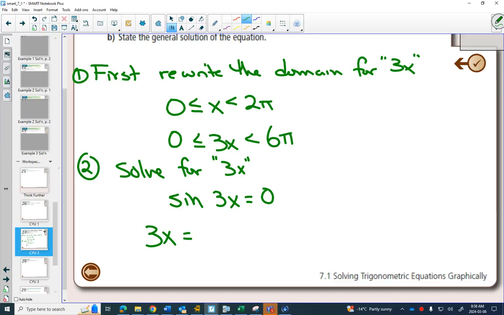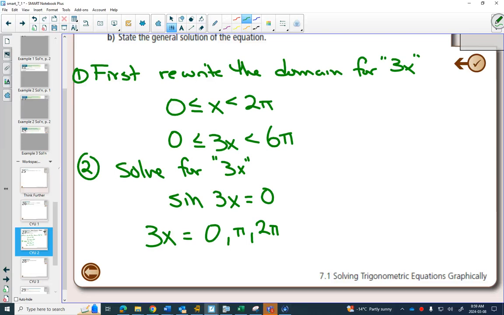Now sine is your y-coordinate, right? So you would write 0 and pi and 2 pi. If it was just sine theta equals 0, you would write 0 and pi and 2 pi. That is the first time around.